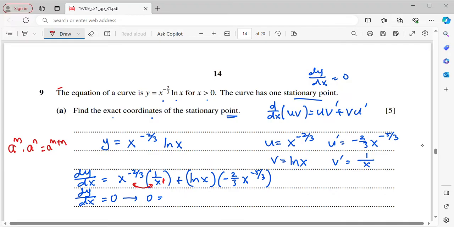So when you add up negative 2 over 3 and negative 1, it will be negative 5 over 3. Therefore, I will get x power of negative 5 over 3. Then, combine these two terms first, it will be minus. So it will be negative 2 over 3.